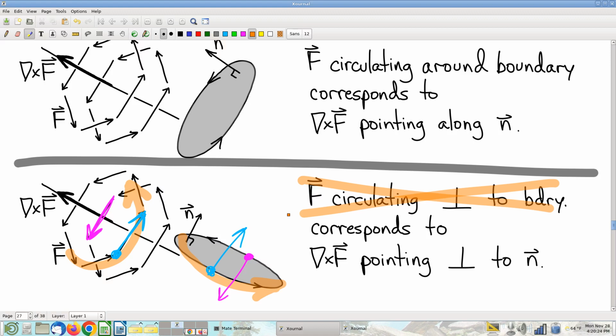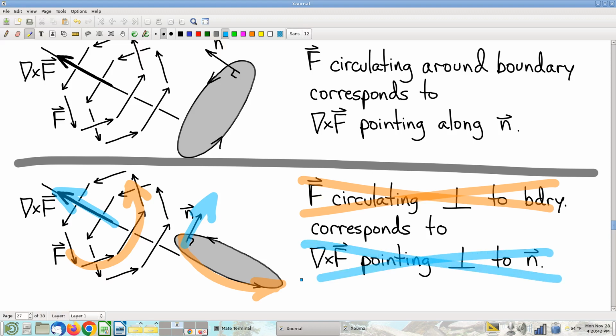So nothing. And then analogously, let's see, how much of what we claim here is picked up by the dot product. Well, the curl is going that way. The normal vector is that way. Again, perpendicular. So we don't get any of that dot product either. Right?